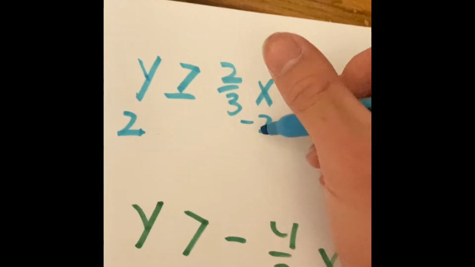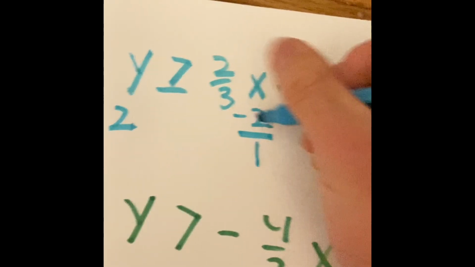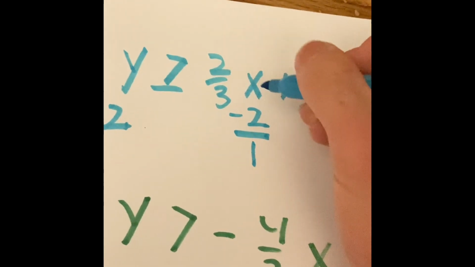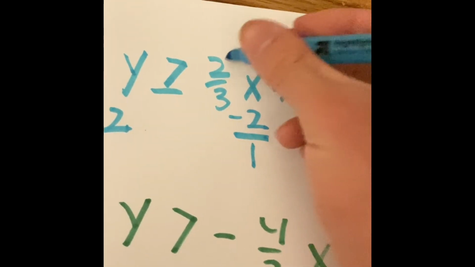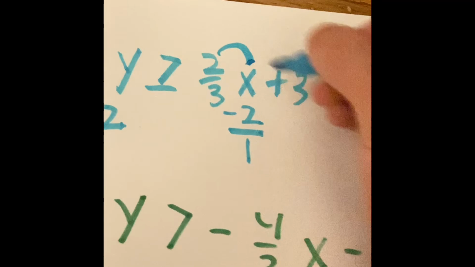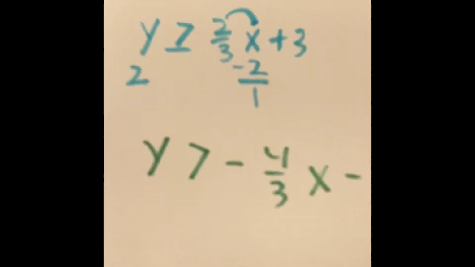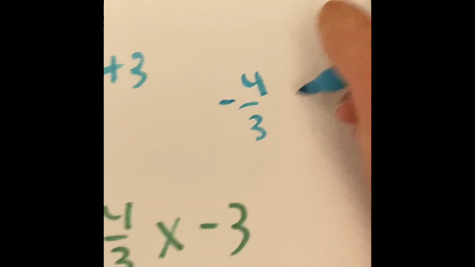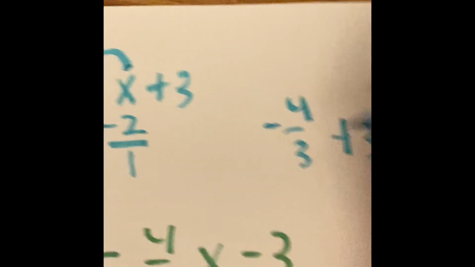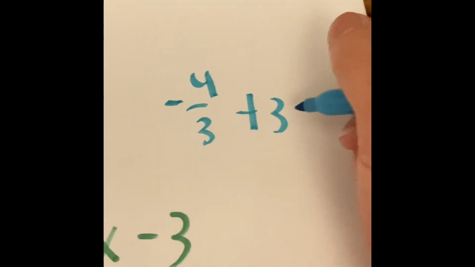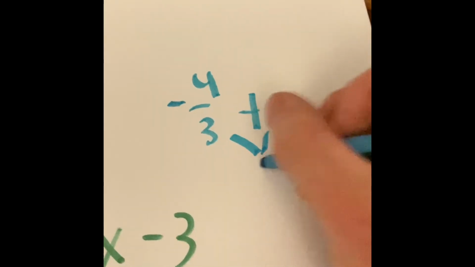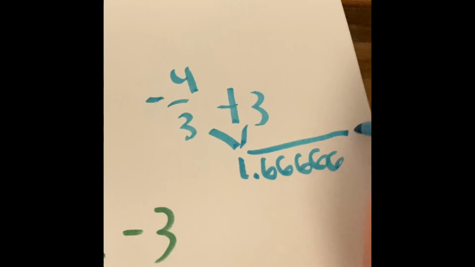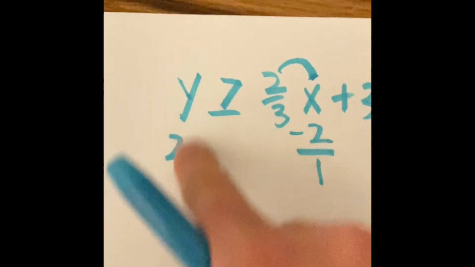We're going to turn this into a fraction of -2 over 1. Then we multiply these 2 together. You'll get an answer of -4 over 3. Then you have to add 3 because you have that 3 left. And when you do that, you get an answer of 1.66666 repeating.